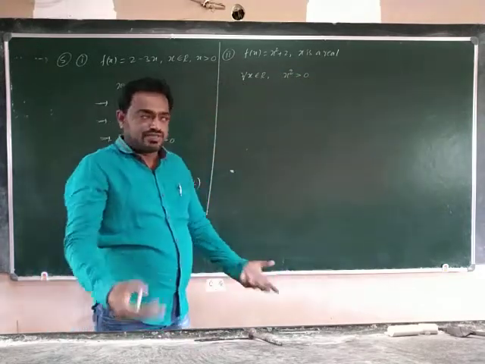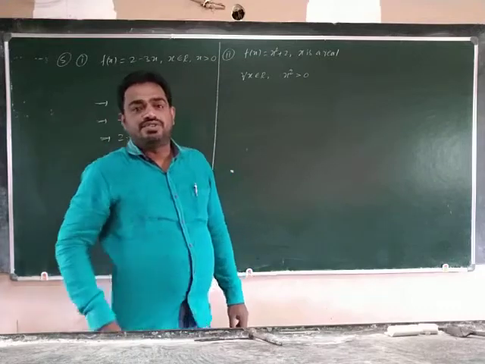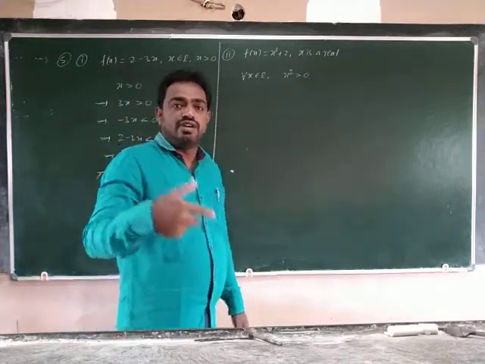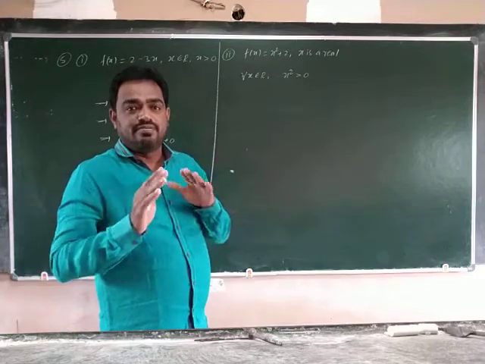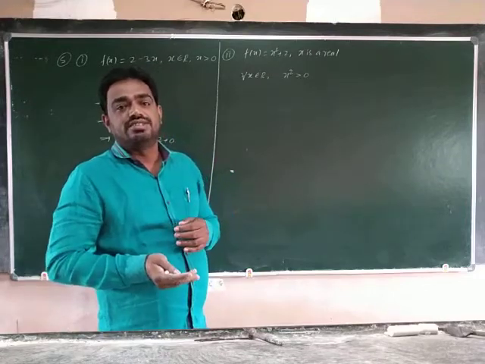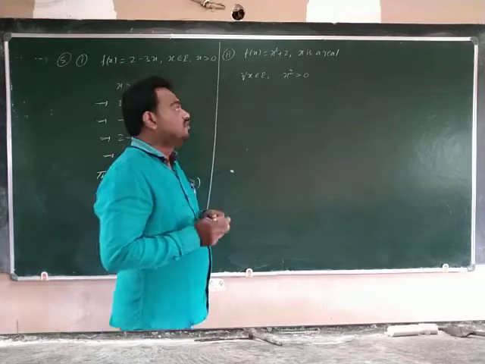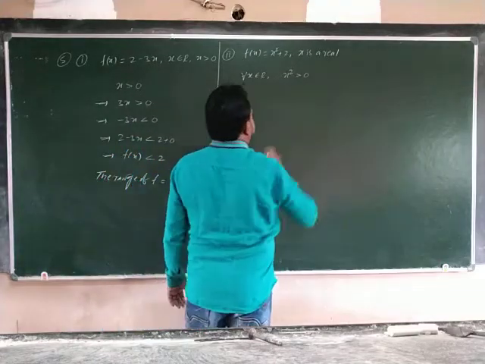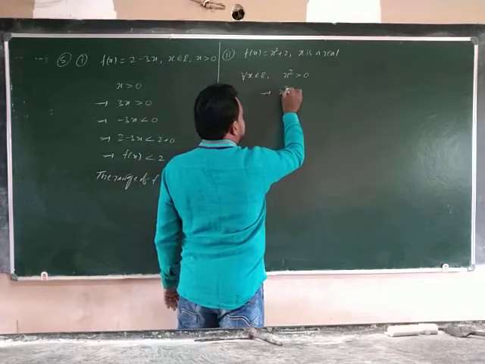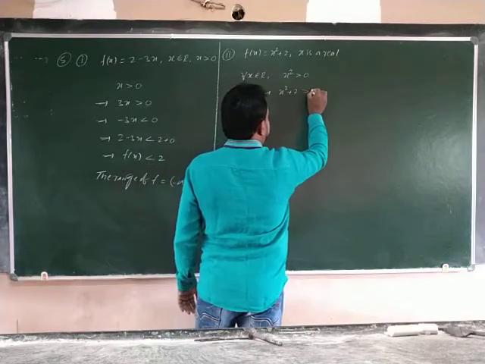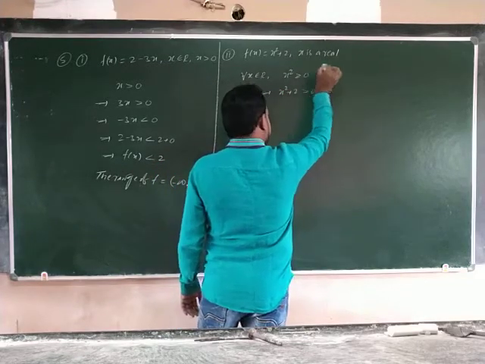Correct? All squares are always positive. Minus 2 square is 4, 2 square is 4. So negatives or positives, the square value we get is always positive only. So x square is greater than or equal to 0. For this we add 2 to both sides, then x square plus 2 is greater than or equal to 0 plus 2.